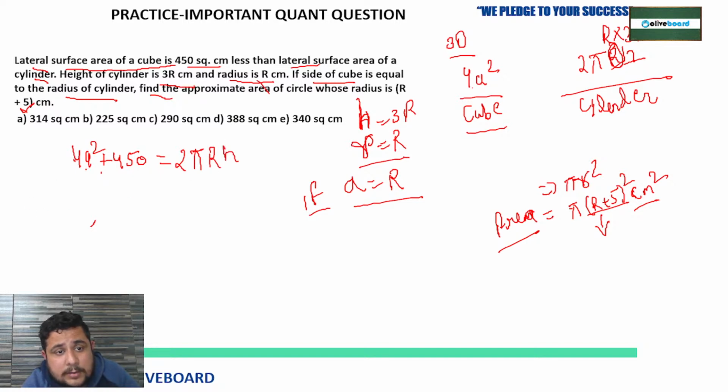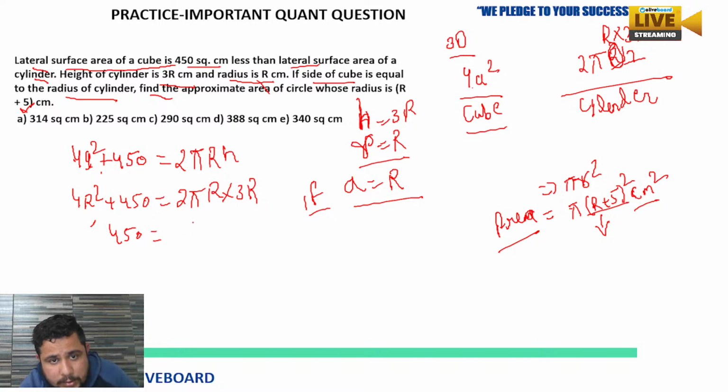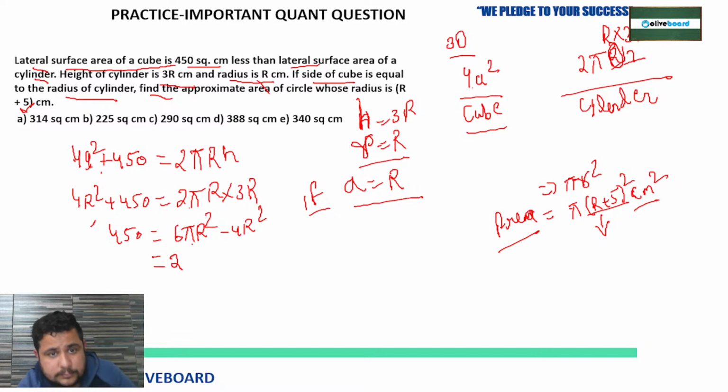Now, instead of a, I can put r: 4r square plus 450 is equal to 2 pi r multiplied by 3r. Now 450 will be equal to 6 pi r square minus 4r square. So we can take 2 common here. Are you getting my point? Everyone, is this clear?